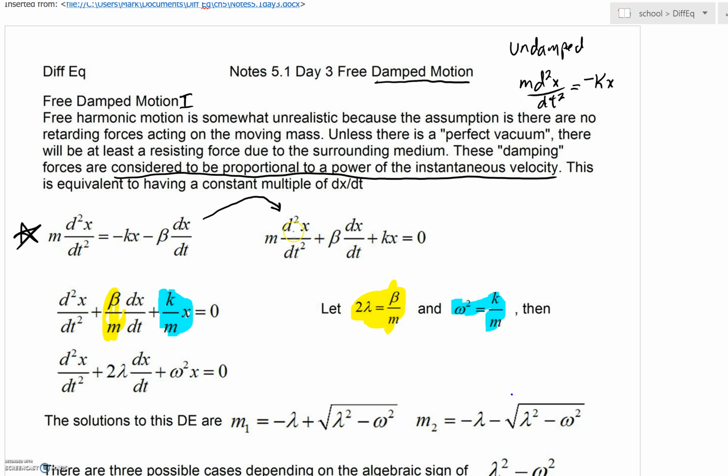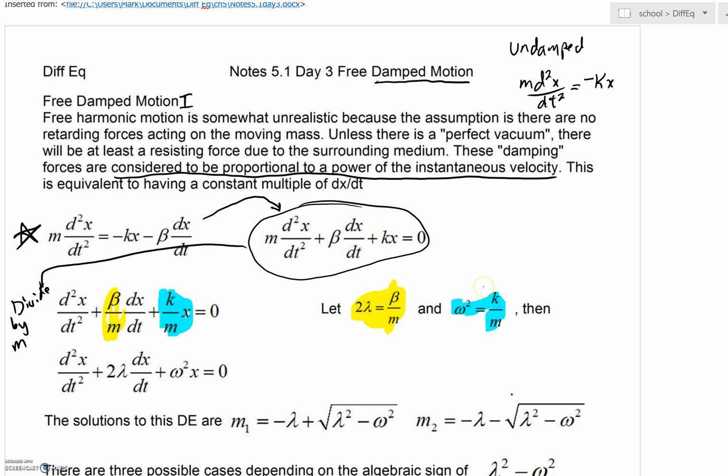much like a restraining force, slowing it down, so to speak. So we could have our m d squared x dt squared. If we bring that beta dx/dt all over to the left side plus kx, we still have a second order differential equation. We could very quickly divide by m. That would lead us to a nice second order differential equation, one with constants.